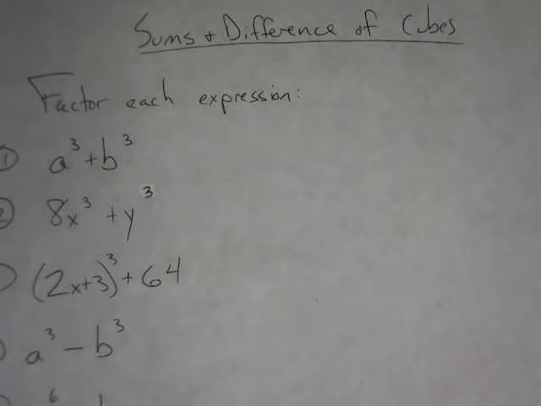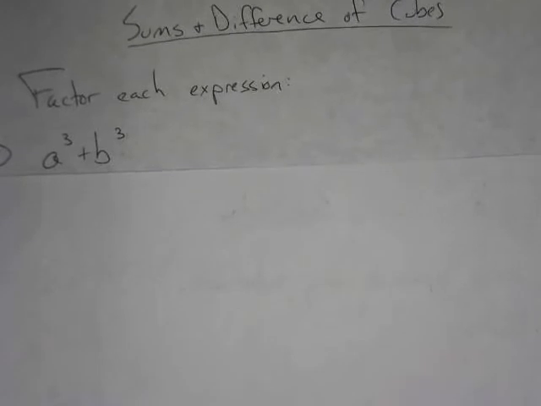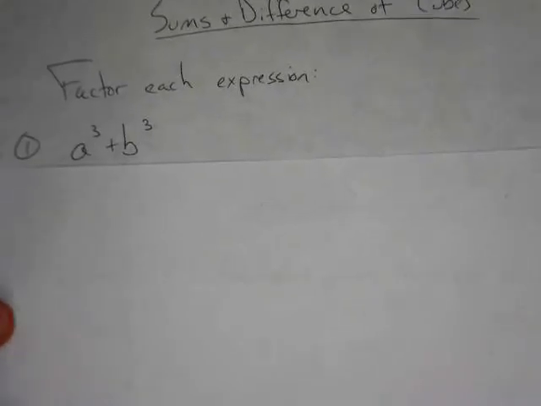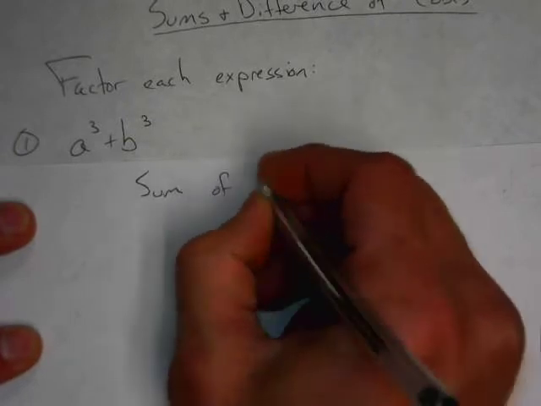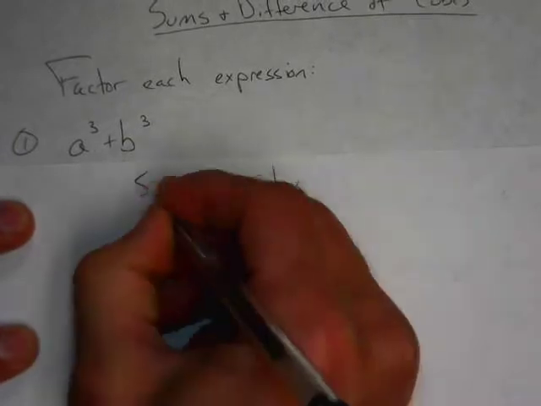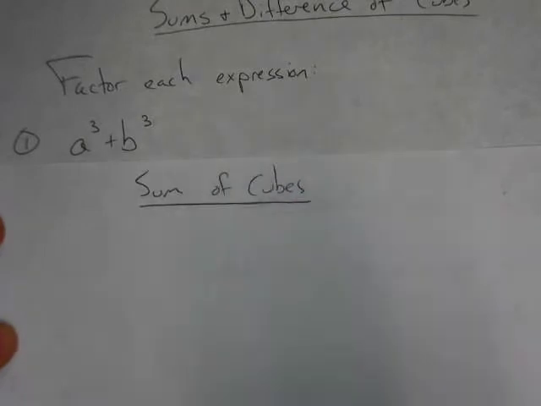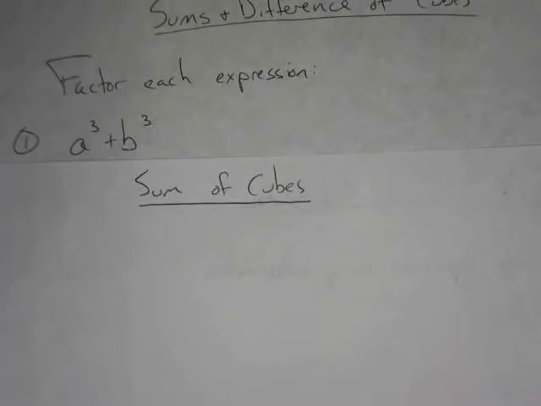But since we're dealing with factoring now, we should talk about how we can factor sums and differences of cubes, because what has been discovered is that every time you have two perfect cubes being added, also known as a sum of cubes, it's been the result of multiplying the same thing every time.